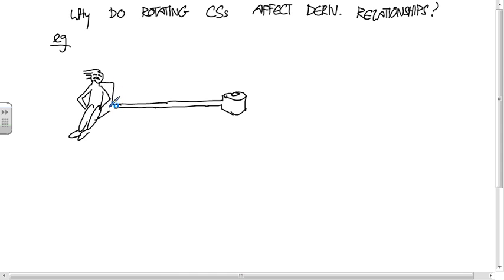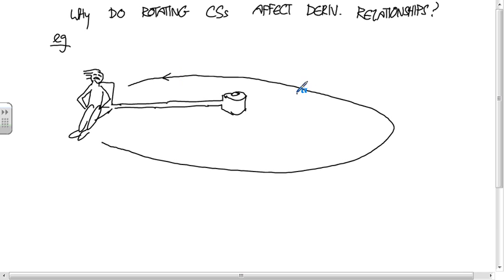So there's the chair, and the chair is moving around in a circle. And so you get this big centripetal acceleration. Let's say that our coordinate system has the x-axis in the opposite direction from the rotating axis as the person.